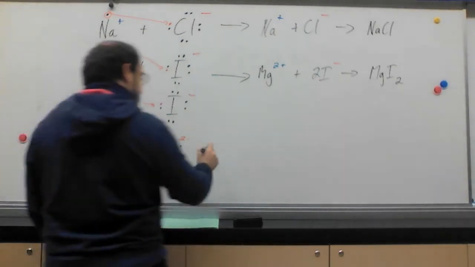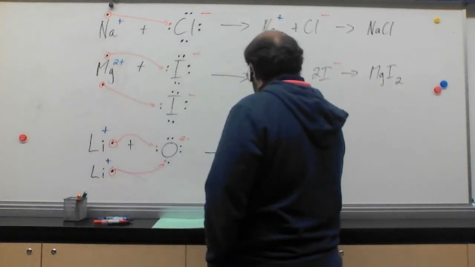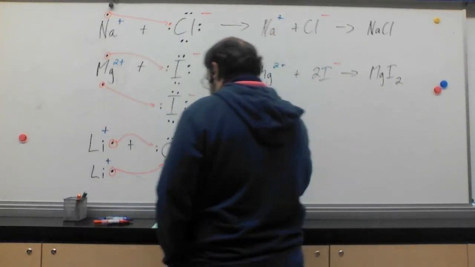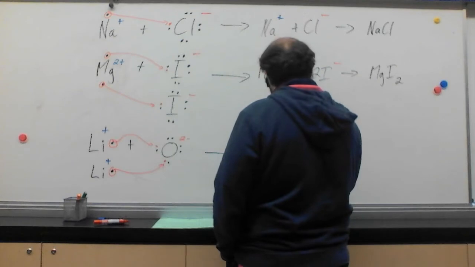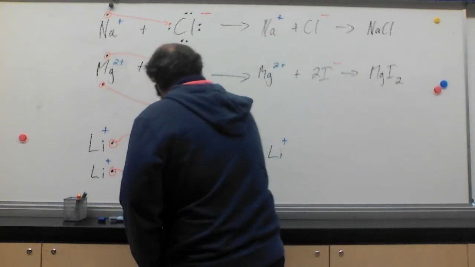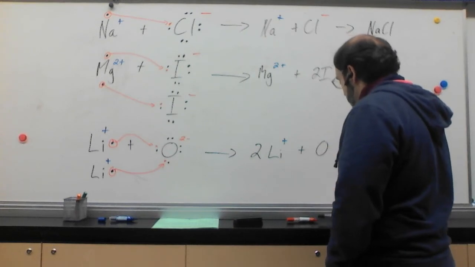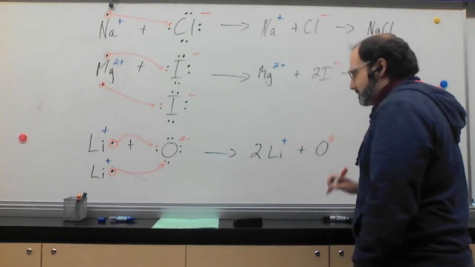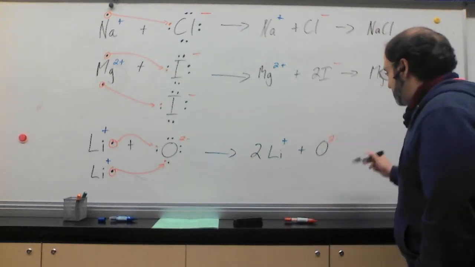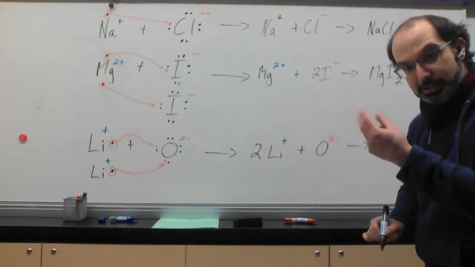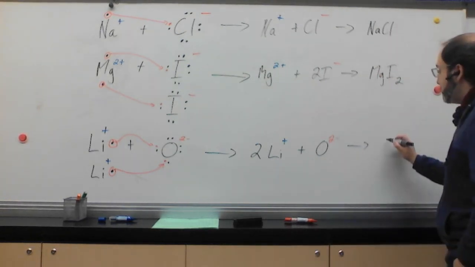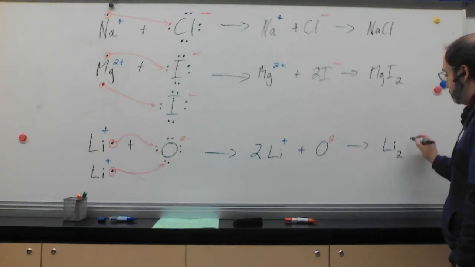Now, if we keep going with this, of course, we're going to get that there are 2 of the lithiums, and they are 1 plus each. And then there is 1 oxygen, which is 2 minus. I combine those two together, and of course they're all connected, so subscripts come out, and we end up with Li2O.